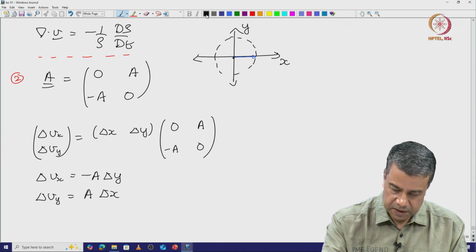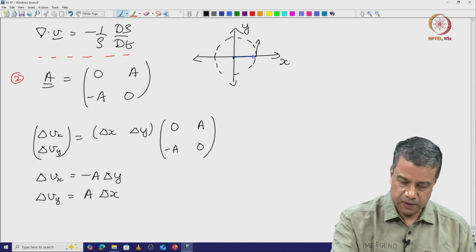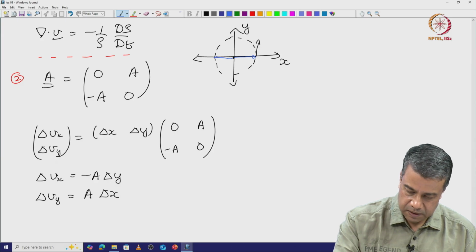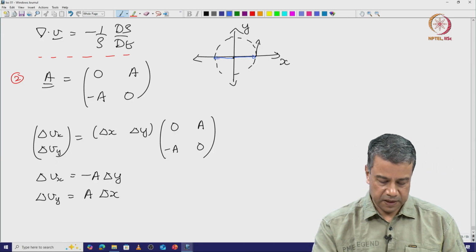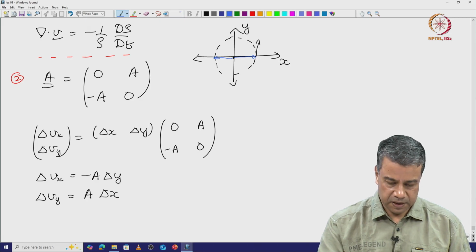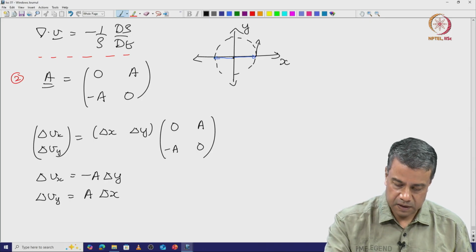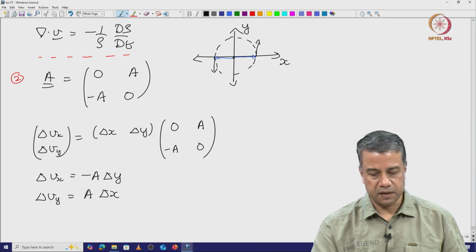That means that delta V y is in this direction. Similarly, if I go in the minus delta x direction, delta V x is 0 because delta y is equal to 0. Delta V y is equal to a times delta x. In this case, delta x is negative. Therefore, this is the velocity here.